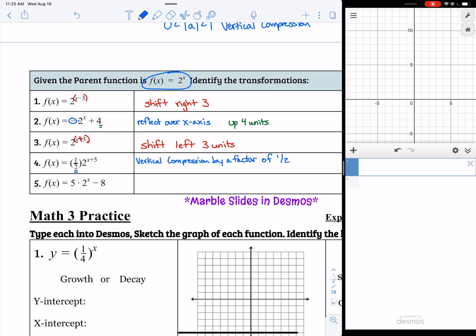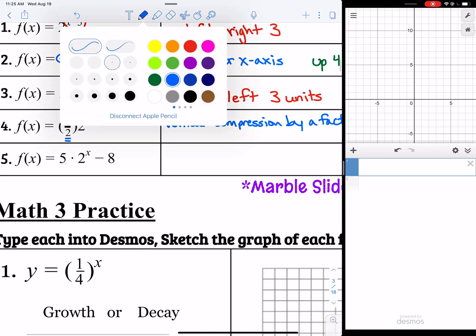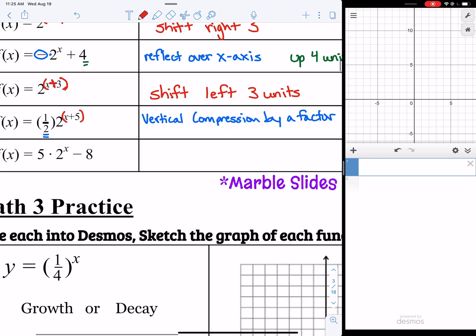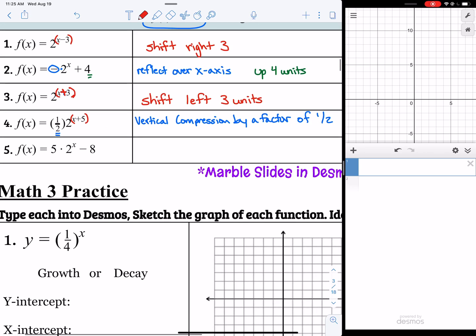And then we also have the plus 5 that's in the exponent. The plus 5 being in that exponent, it's like our grouping symbol, makes our graph shift left or right. And since it's positive 5, it's going to make the graph shift to the left 5 units.